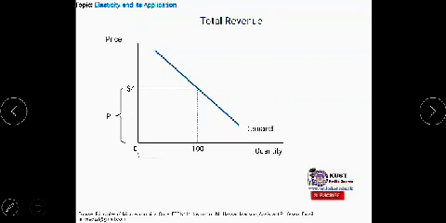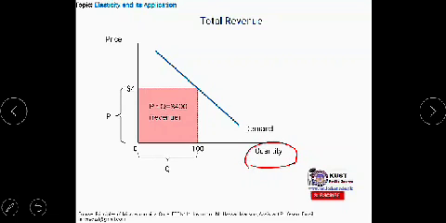Now let us clarify this concept with the help of a diagram. We have the unitary demand curve over here. We are taking the quantity demanded on the x-axis and the price for this product on the y-axis, and this is the demand curve that we have. Over here the price of this product is $4, and at $4 people are buying 100 units of this product.